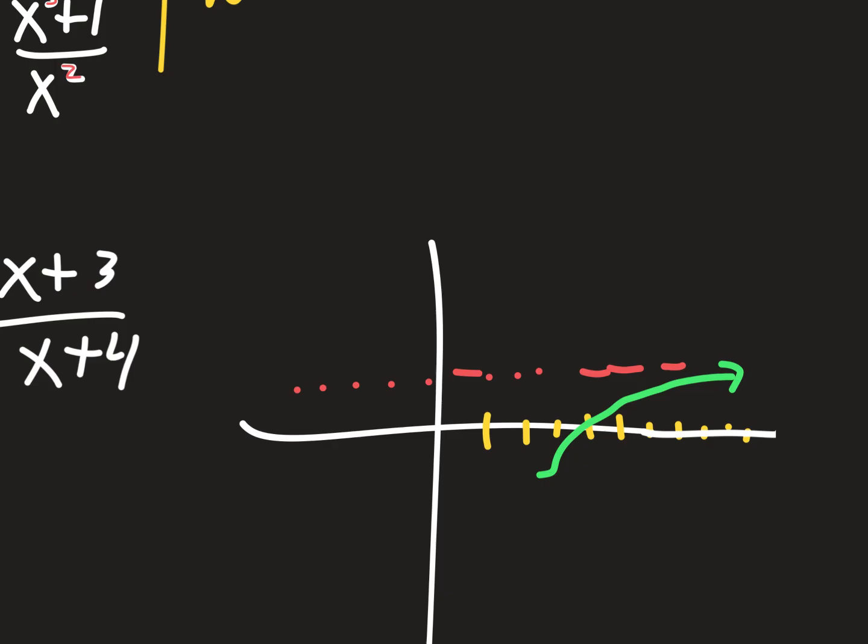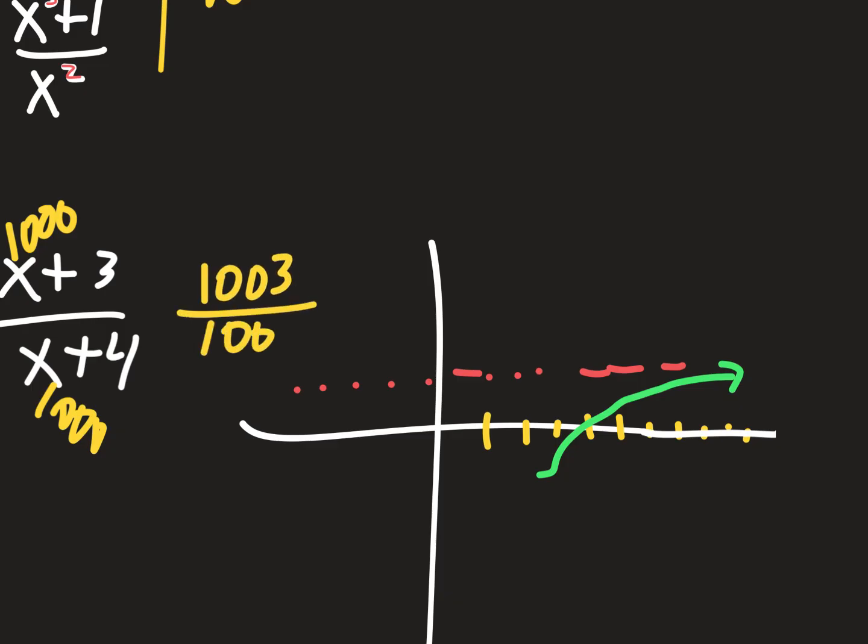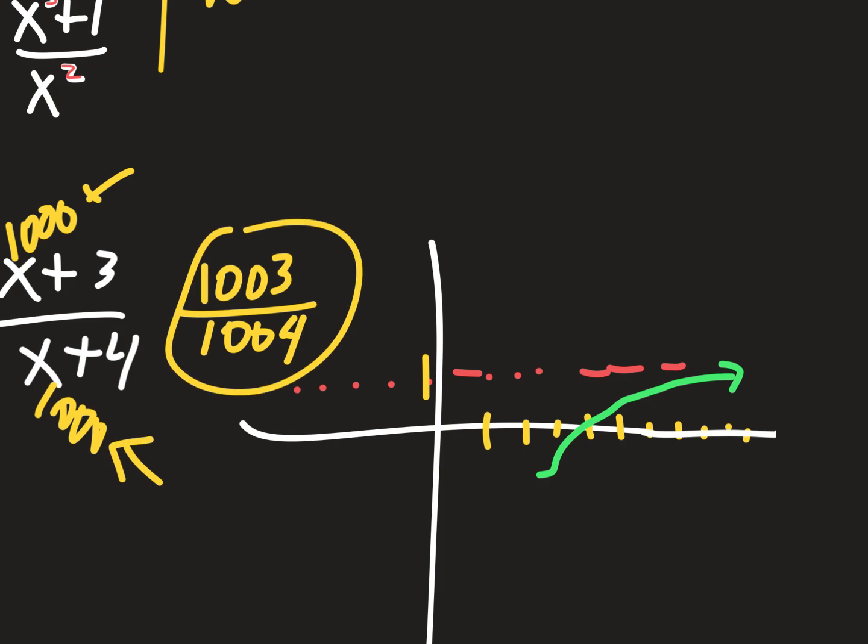You can put in 1,000, and then you'd be at 1,003 over 1,004. 1,003 over 1,004 is extremely close to 1, isn't it? So then that's the asymptote. The asymptote's going to be at 1. When you put in 1,000 here and 1,000 here, that'll tell you, oh my gosh, I'm incredibly close to 1.